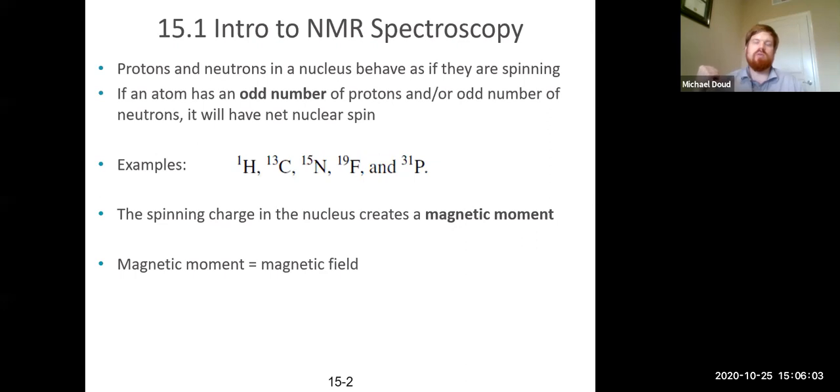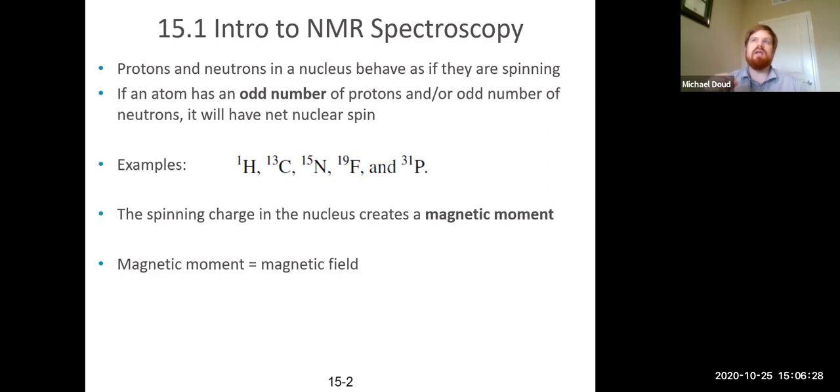Okay, so the only types of nuclei that you can use in NMR spectroscopy have to have either an odd number of protons or an odd number of neutrons. Because we are going to define a particular behavior here, which is called nuclear spin.